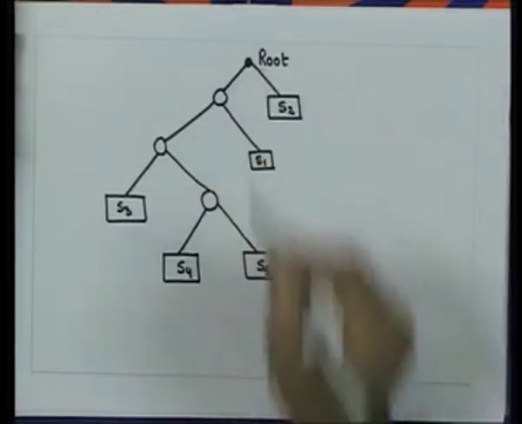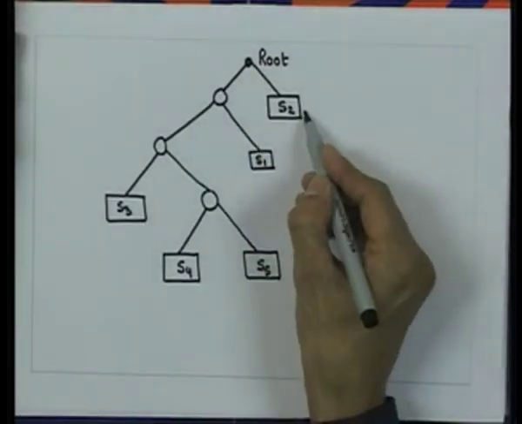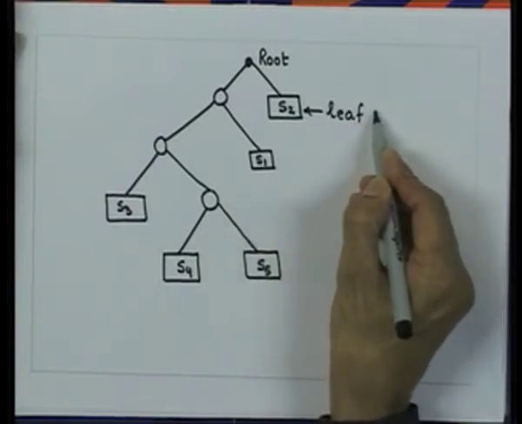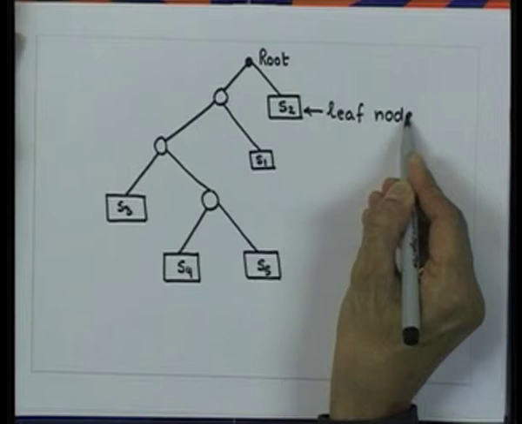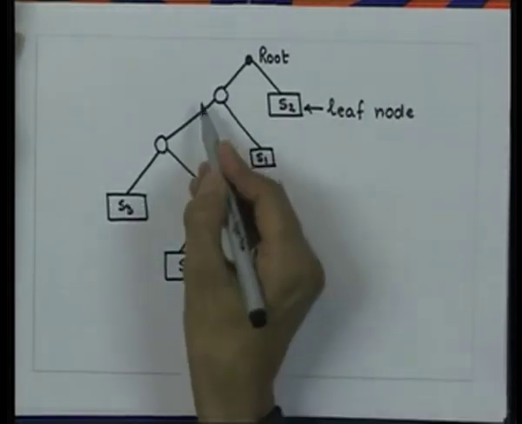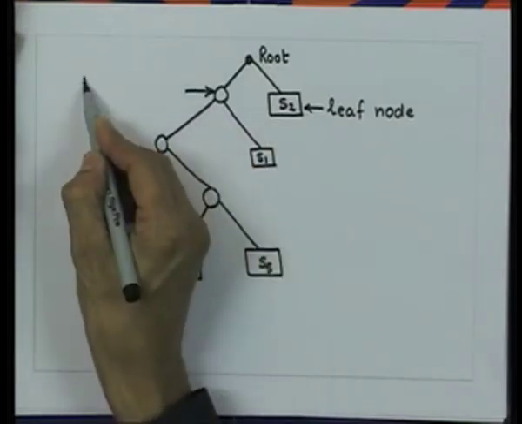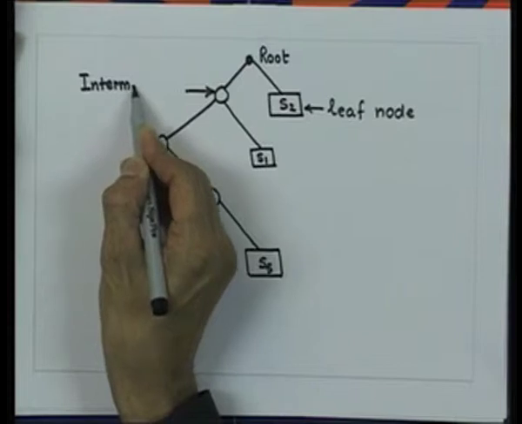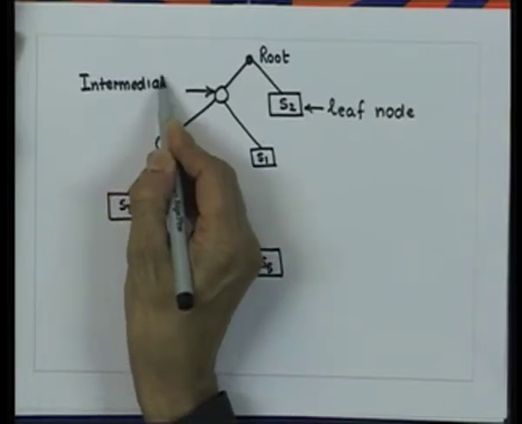Now, this is known as a root node, these are the leaf nodes, or they are also known as external nodes. This corresponds to an intermediate node.